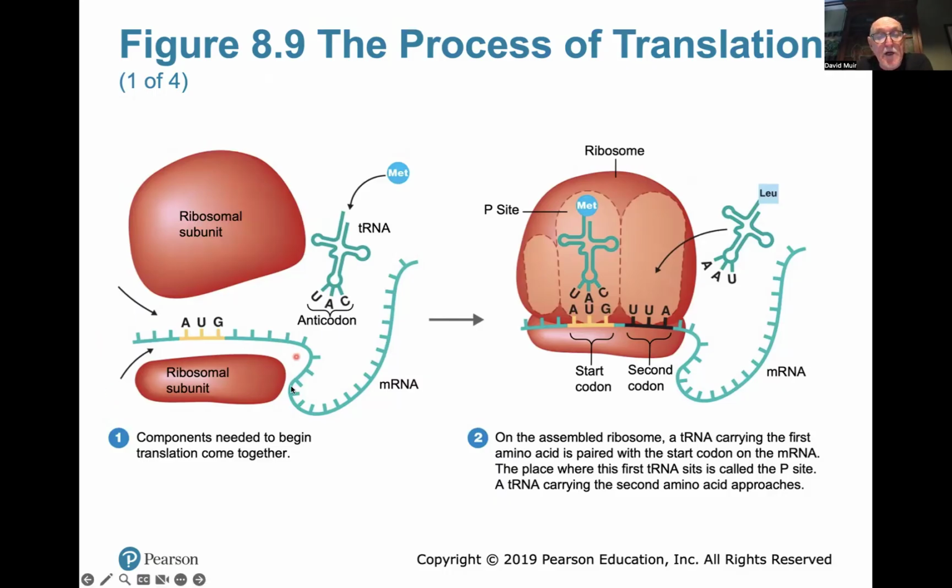So here's our messenger RNA transcript. The ribosome is divided into two parts. There's a small part and there's a large part. And the small part is the first one to interact.